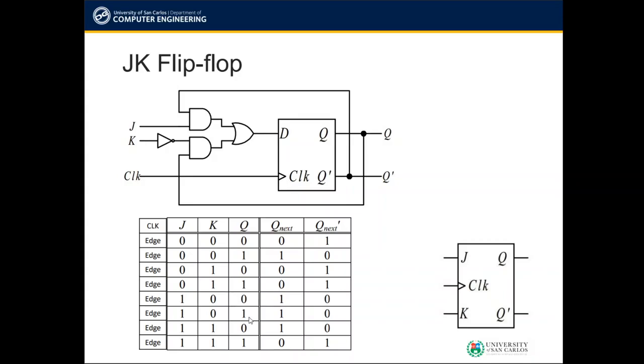So 0 to 1, 1 to 1. And last, what will happen to the present value of your Q if the JK value is 1, 1? From 0 to 1 and 1 to 0. So this is your toggle or inverting state.